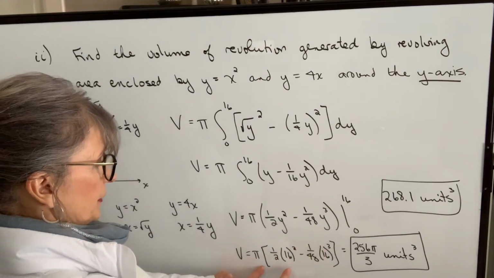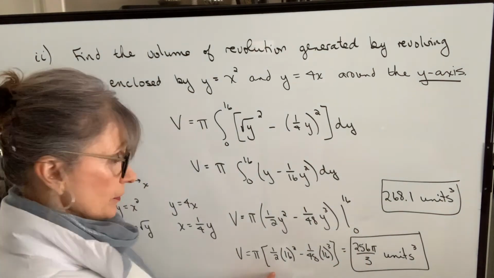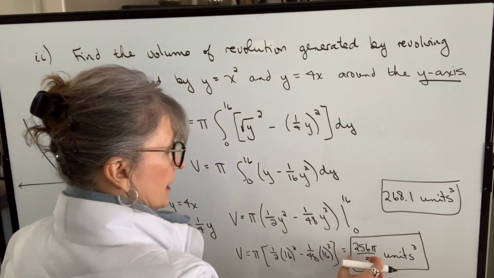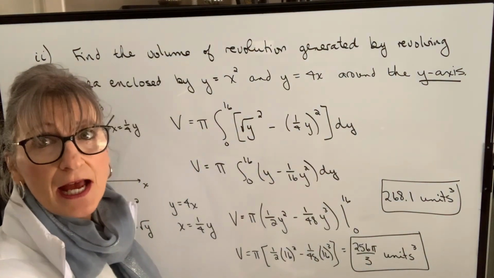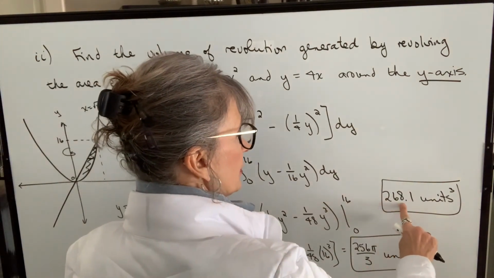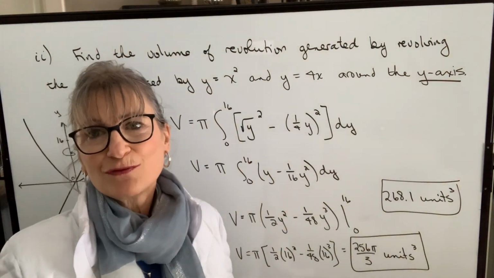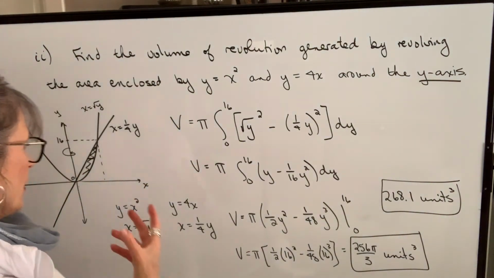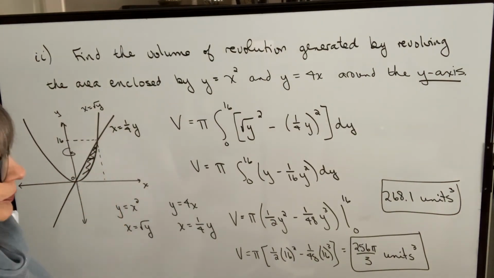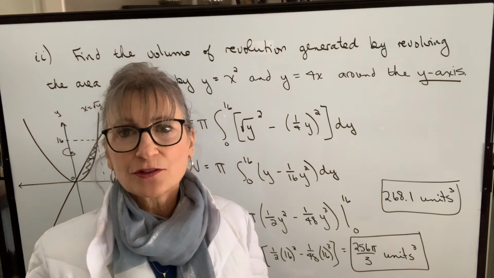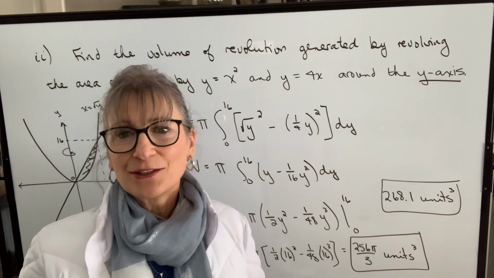To evaluate it, I put 16 in for y, and when I put a 0 in, it's just going to be 0. So I calculate this. As a fraction, it's 256 pi over 3 cubic units. As a decimal value, it's 268.1 cubic units. And if you take a look at the previous video, when we did this question and took this area and rotated around the x-axis, we got 400 and something cubic units. So you do get a different volume depending on which axis you're rotating around.